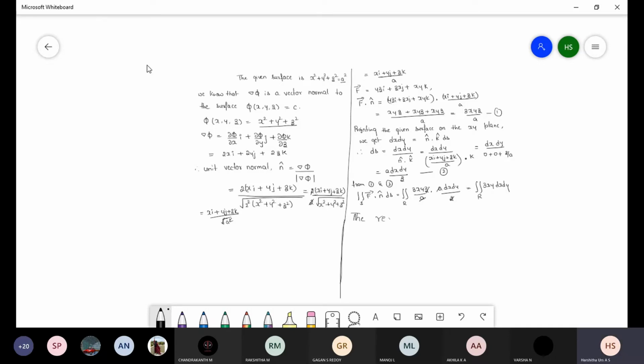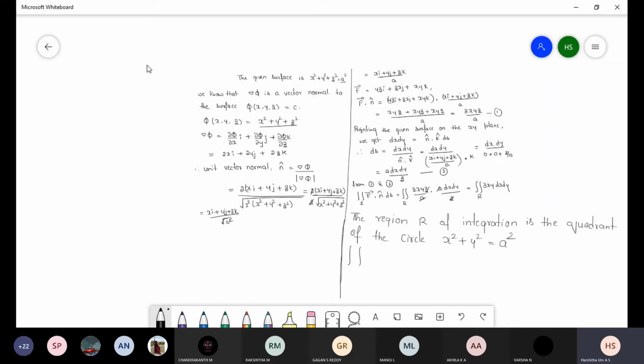The region R of integration is the first quadrant of the circle x square plus y square is equal to a square, the first quadrant.